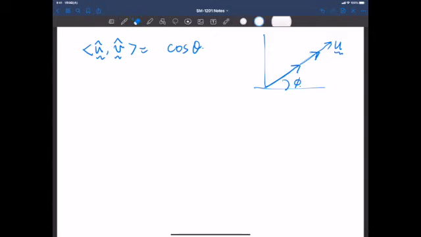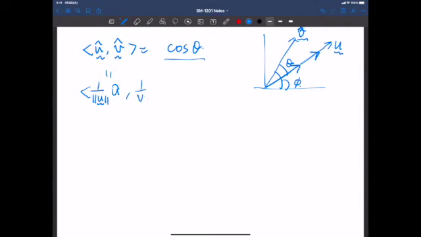Okay, so therefore the angle between these two vectors does not change. So we still have cosine theta as the result, but this one is equal to this u hat and v hat, and we can take these scalars out of the scalar product.